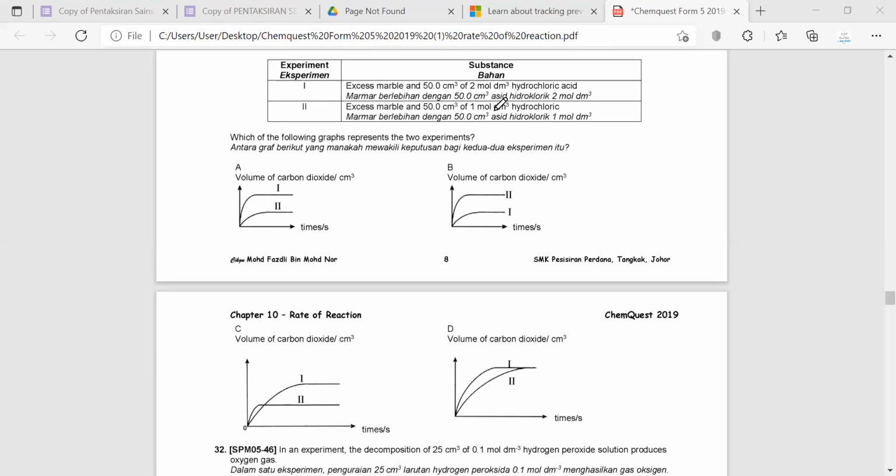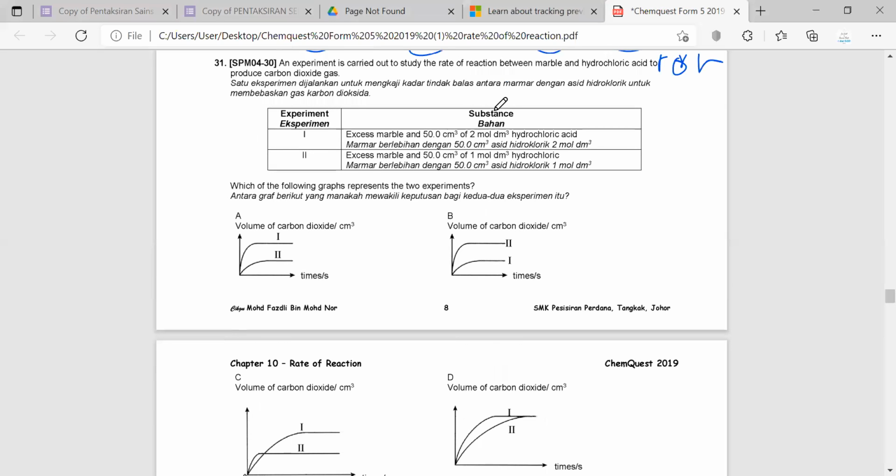Not the factor of size. So I teach Vin: when you come into doing a rate of reaction question and then you come to a graph like this, I want you to write down the 5 factors that teacher taught you. What is the first S? Size.